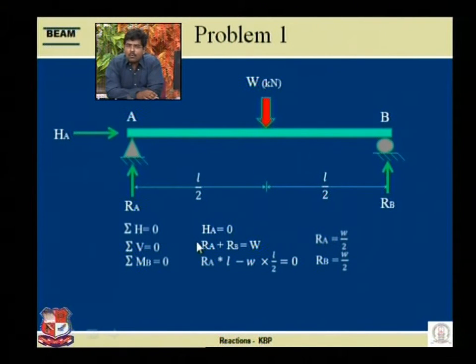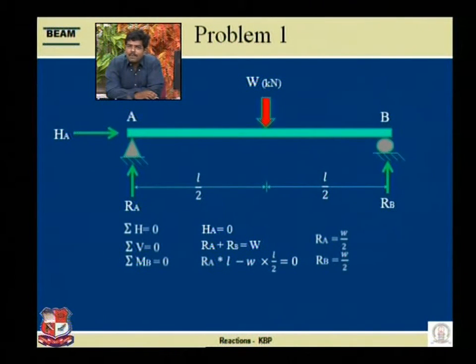Now, what is sigma H? Summation of all the horizontal components of the forces acting on my beam. Visualize here, HA is the only horizontal force, these 1, 2 and 3 are vertical forces. So only HA is equal to 0. So we found the first reaction, HA is equal to 0.